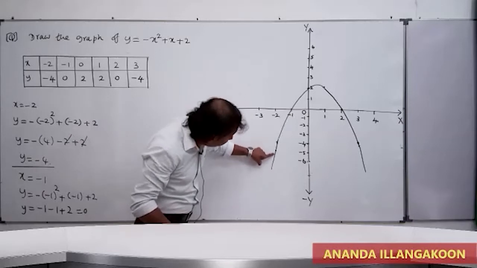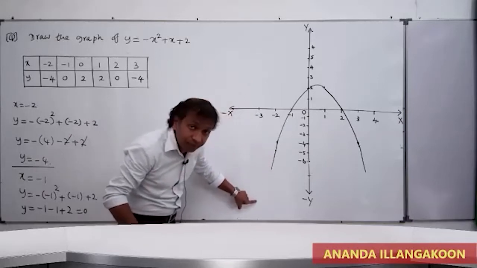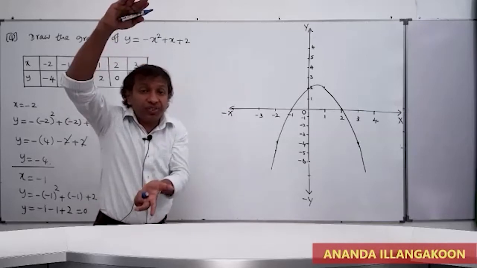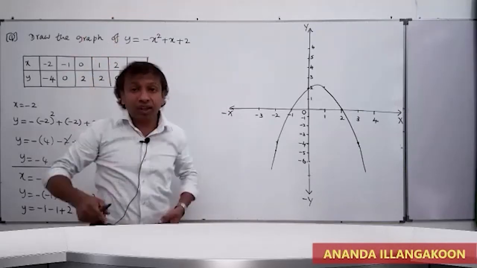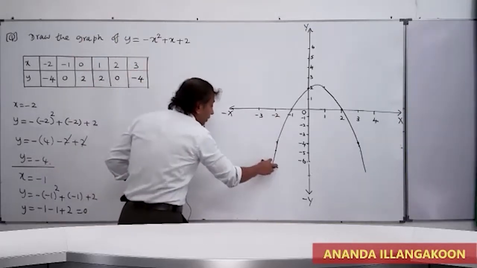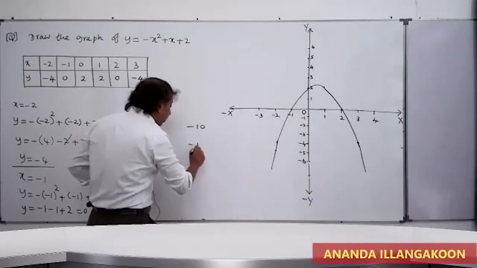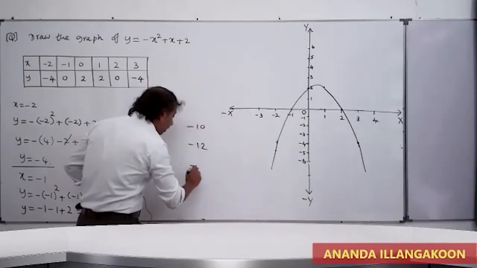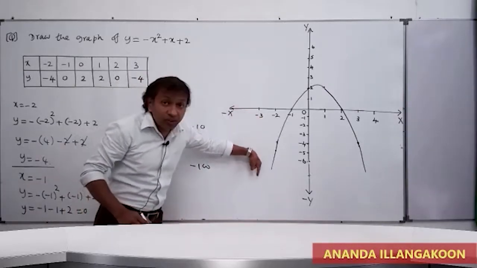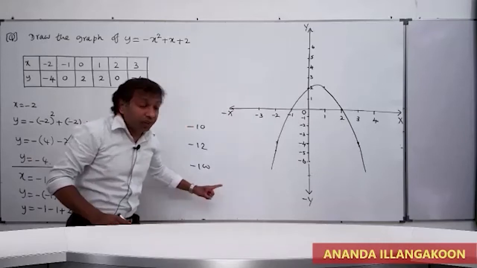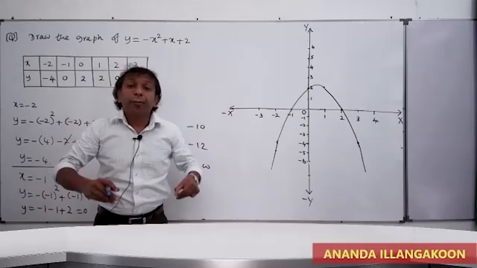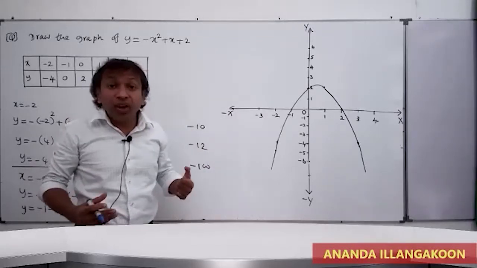When the graph goes like this, you can see the gap, the height to the x-axis, increasing but with a minus sign before it. Somewhere here minus 10, somewhere here minus 12, somewhere here minus 100, and so on. When the graph goes downward, the y coordinate with a minus sign takes bigger values, so the overall value is decreasing, because they have a minus sign before.